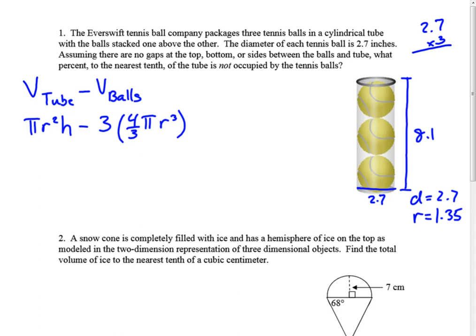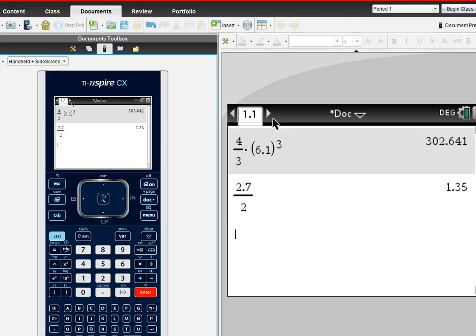So we're going to do pi, this is the tube, which is a cylinder, so 1.35 times the height, 8.1, minus, now what's going to happen here is the 3's cancel out, and this would just be 4 pi times 1.35 cubed. Now I'm going to simplify the tube one first, because I'm going to need that later on. Whoops, I forgot the squared. Okay, so pi times 1.35 squared times 8.1.